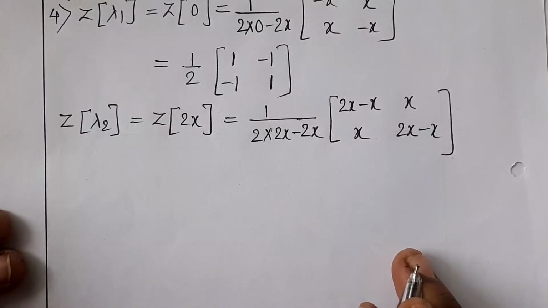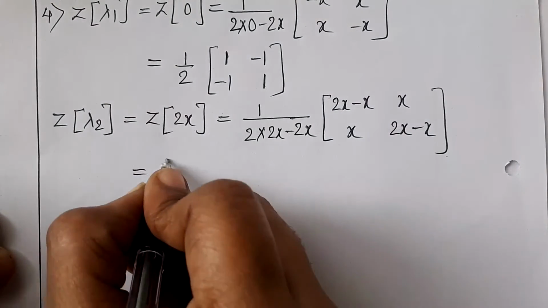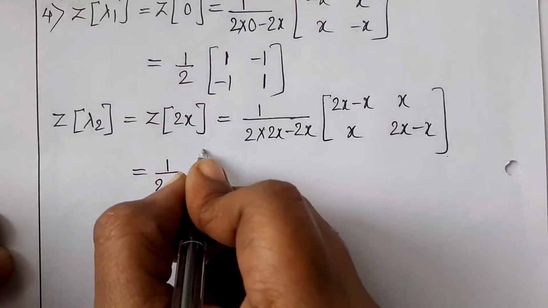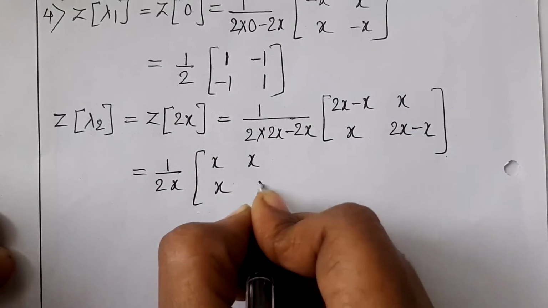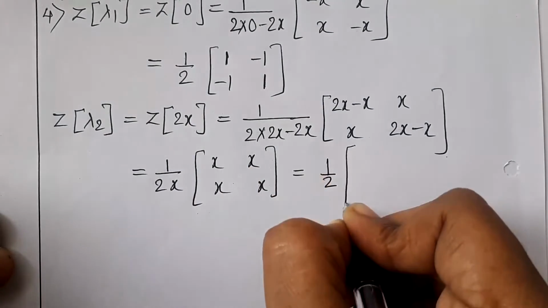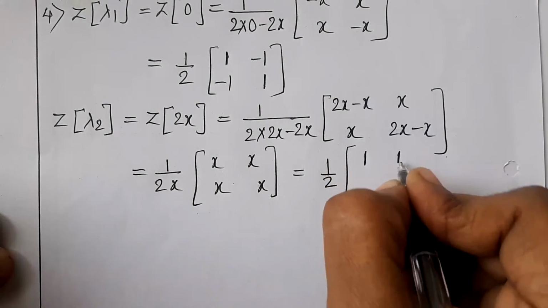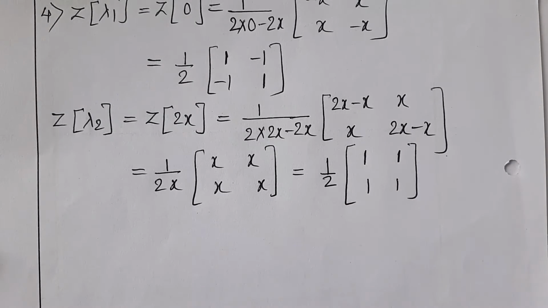Simplify it further: 1 upon 4x minus 2x is 1 upon 2x, and 2x minus x is x. So x, x, x, x. So this is 1 by 2 times, if we divide by x we get 1, 1, 1, 1. Now this is z of lambda 2.